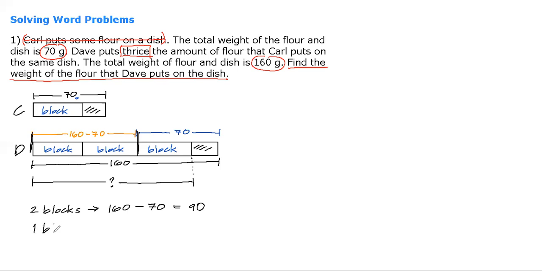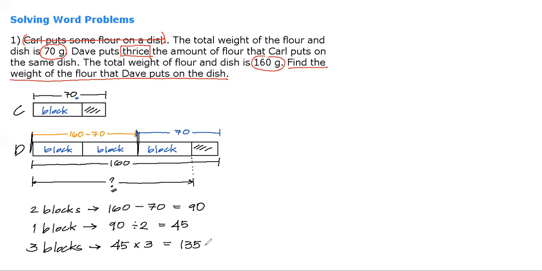It's necessary because in terms of algebra, that is the x. So 90 divided by 2 is 45. Now our goal is the amount of flour, which is 3 blocks. Therefore, we need to multiply one block by 3, which is 45 multiplied by 3. It will become 135 grams.